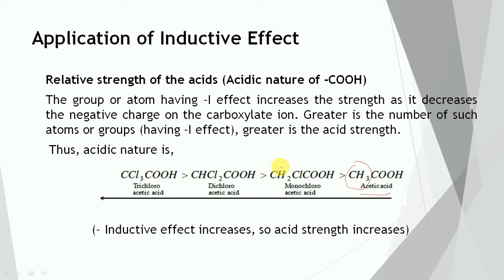In monochloroacetic acid, one hydrogen is replaced with Cl. In dichloroacetic acid, two hydrogens get replaced by Cl. In trichloroacetic acid, three hydrogens get replaced by Cl. So trichloroacetic acid is the strongest among these four.